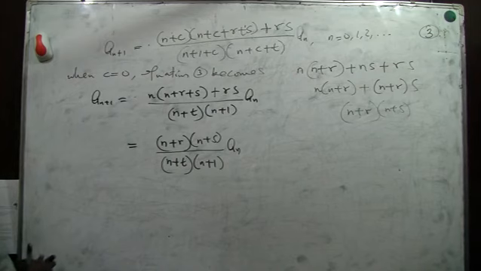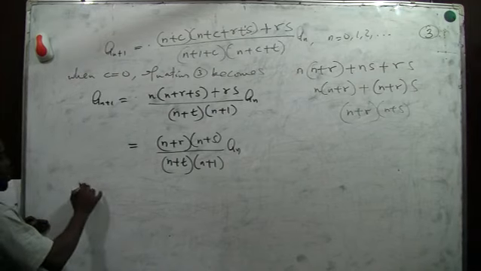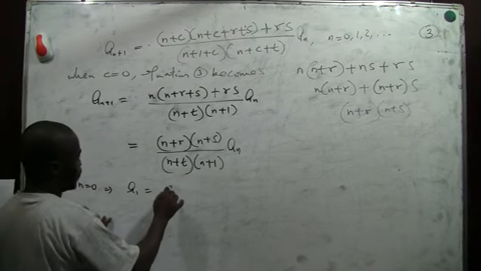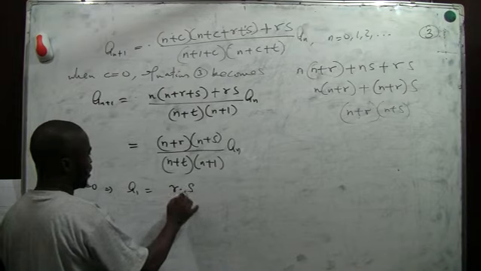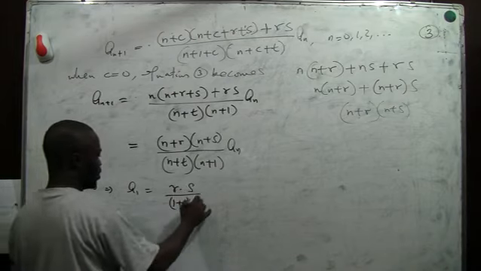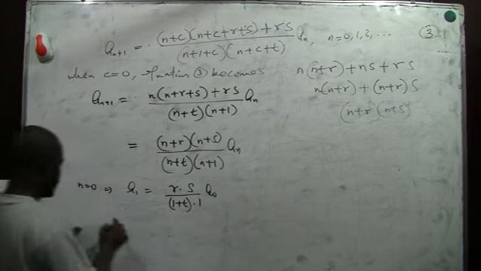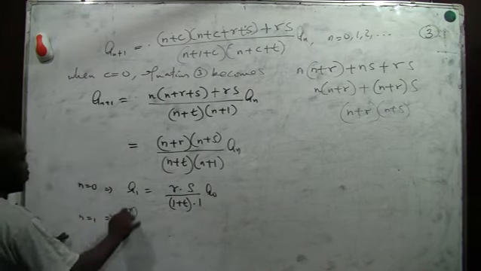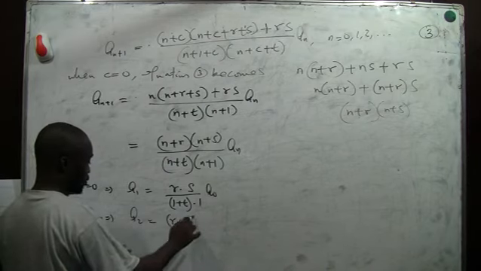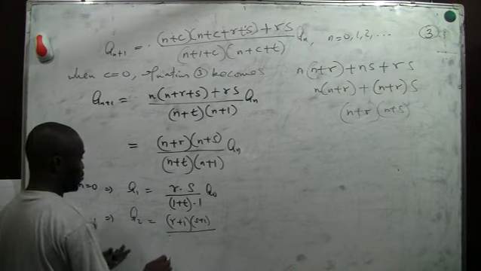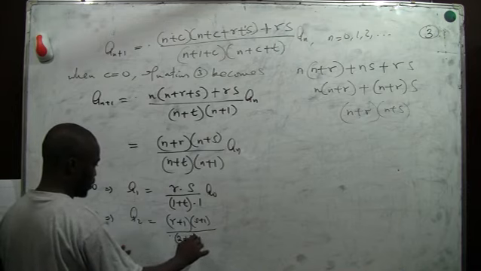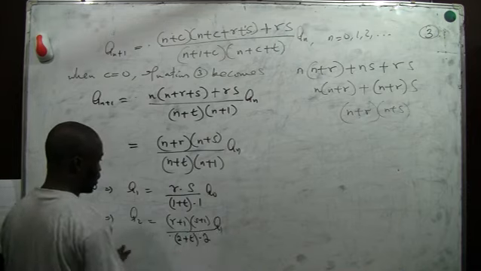Then what do we do? We start the substitution. When n equals 0, I have a_1 equals r multiplied by s divided by (1 + t) multiplied by 1, times a_0. N equals 1 implies that I have a_2 equals (r + 1)(s + 1) divided by (t + 2) multiplied by 2, times a_1.